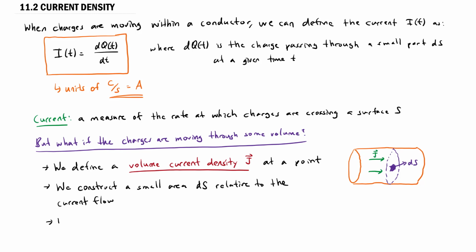Then we consider a current di passing through the surface S. So within this cylindrical tube that we've drawn, we know that there's current flowing through it, or moving charges going through it, and we know that the current is going to pass through some arbitrary surface that we draw.